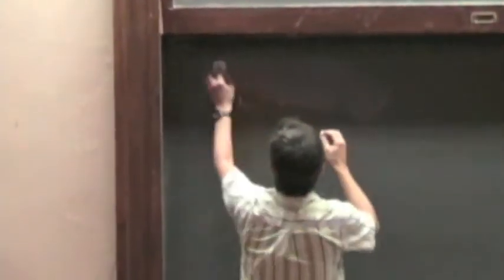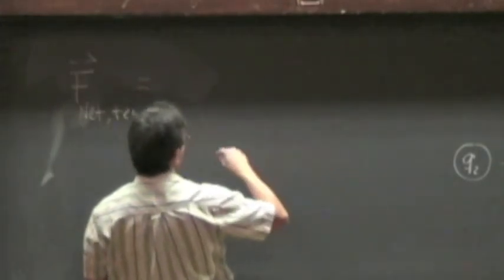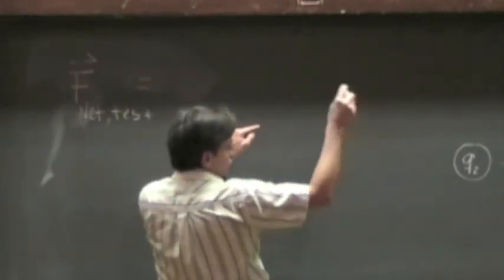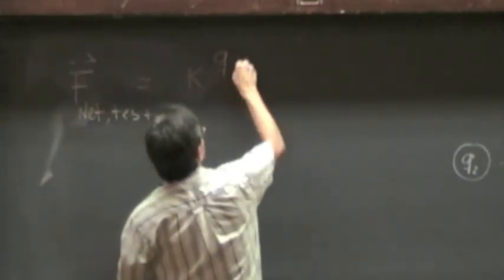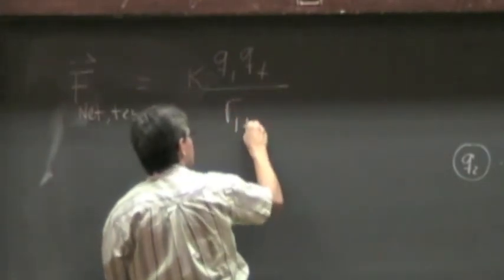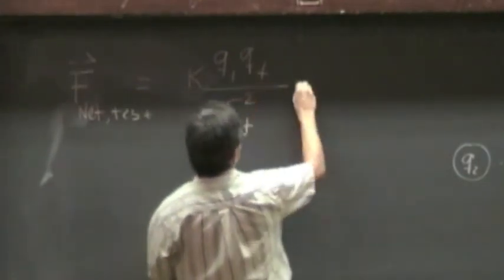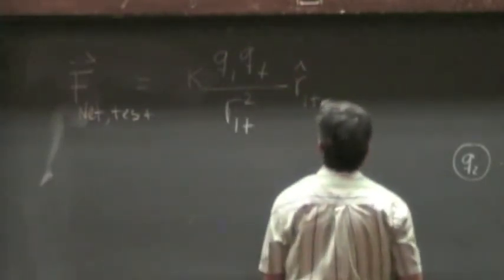So what we did was we wrote the equation for the force. Let me start with that one. So the net force acting on the test particle, we said that was the Coulomb force for each one of those pairs, 1 with test, 2 with test, and so on. So K, Q1, Q test over R, the distance between 1 and the test particle, squared. And then we wrote a unit vector here that tells us the direction of that vector.